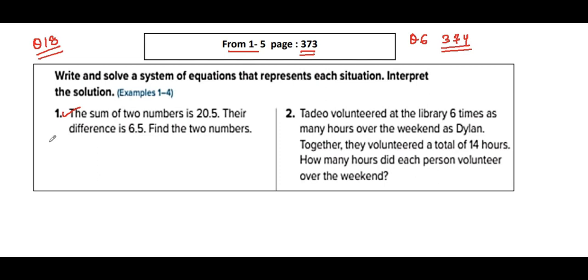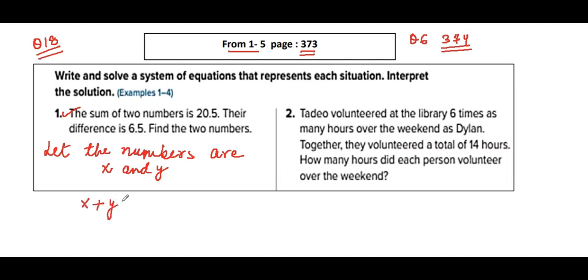Firstly we have to suppose, let the numbers be x and y, because we don't know what the numbers are. So what they are saying: x plus y, their sum, means addition of the numbers.